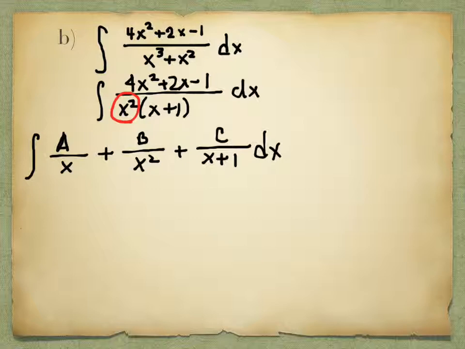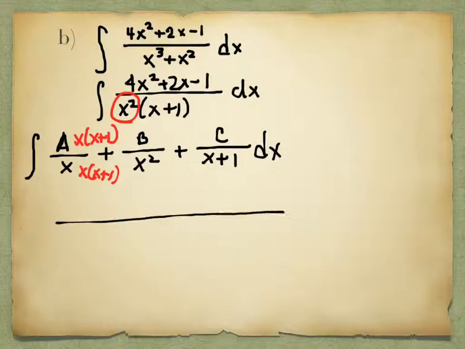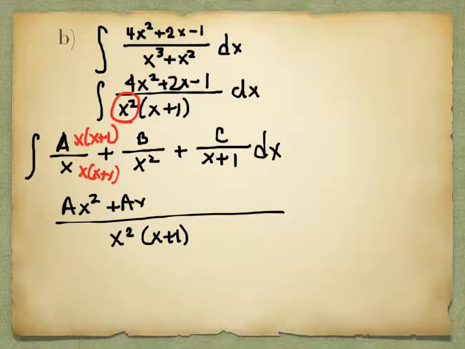Okay, so as we said before, this is going to be times x plus 1. So my denominator has that x squared times x plus 1 denominator. And then the first numerator is going to become what then? What did we say? ax squared plus ax.